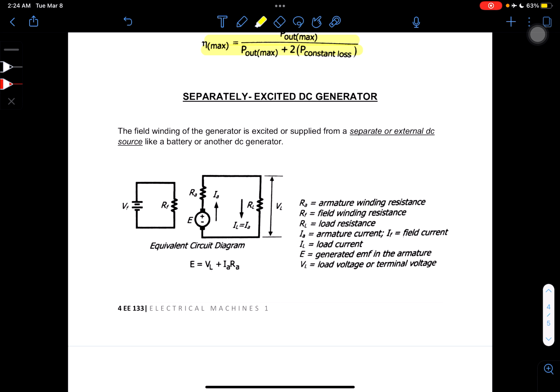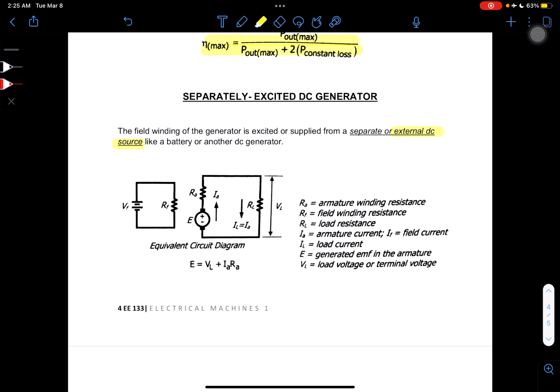So, a separately excited DC generator mostly has an external or separate source, for example a battery or another DC generator.